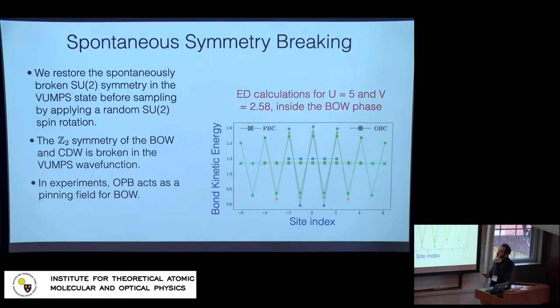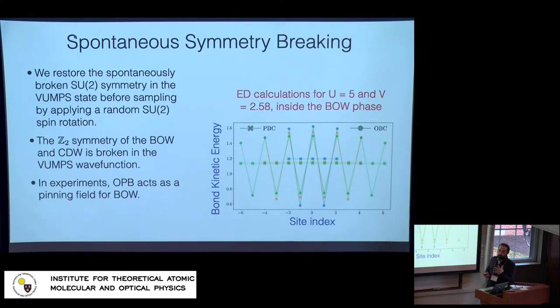So I have to talk about symmetry breaking that happens for SU2. You break the SU2 symmetry in bumps, so we don't want that to affect the results. We don't want that to bias our samples.